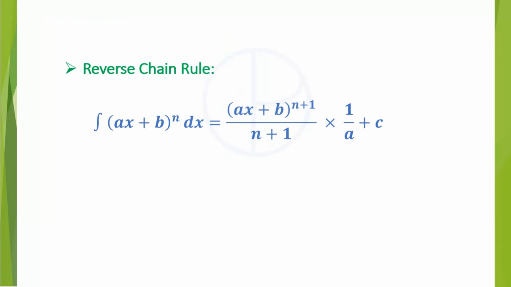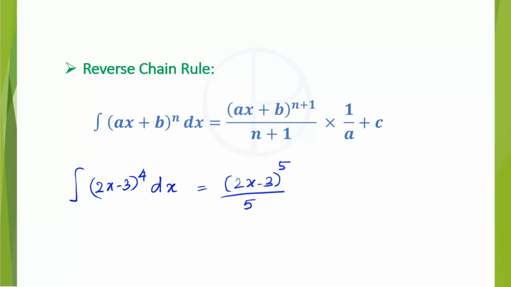Let's see an example for this. Integral (2x-3)^4 dx. Write the base, that is 2x-3. Increase the power by 1, so 5, divided by the new power.